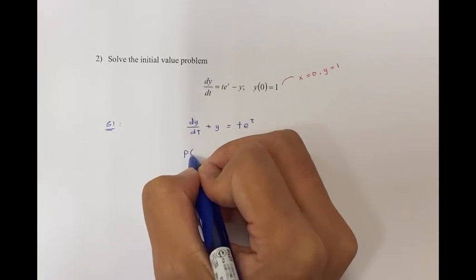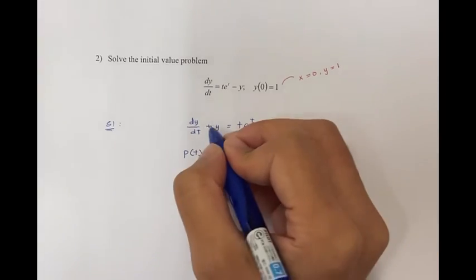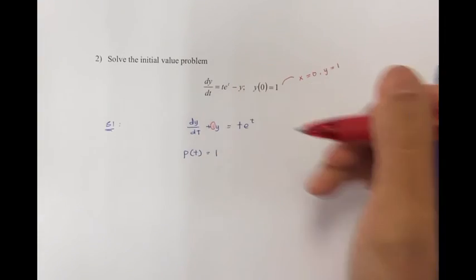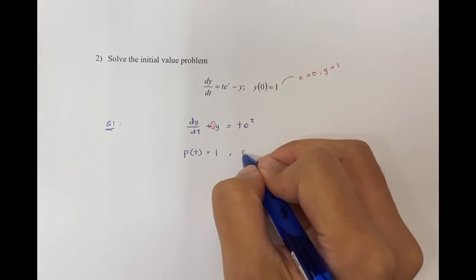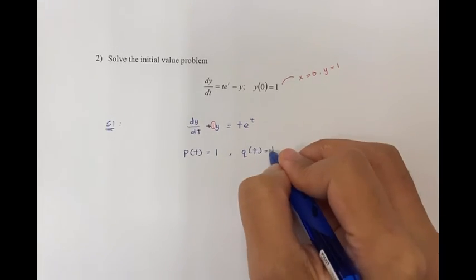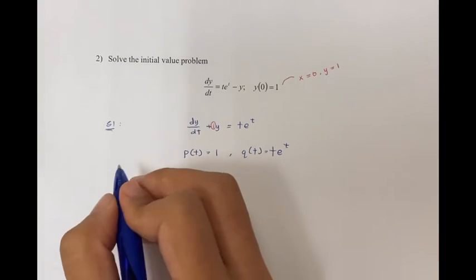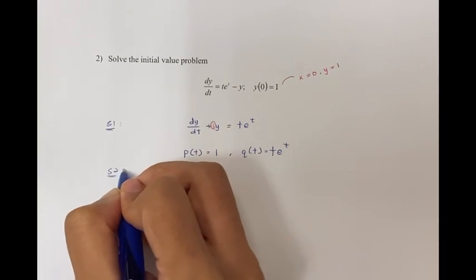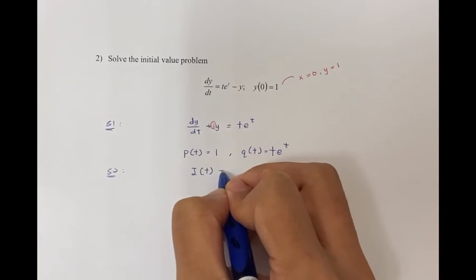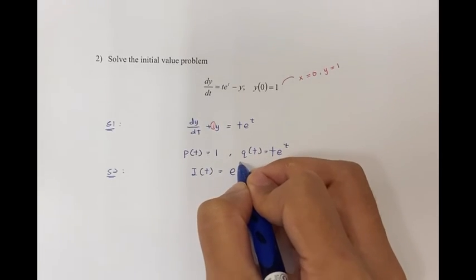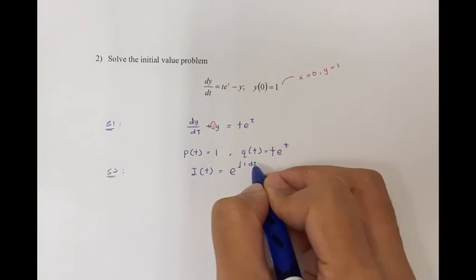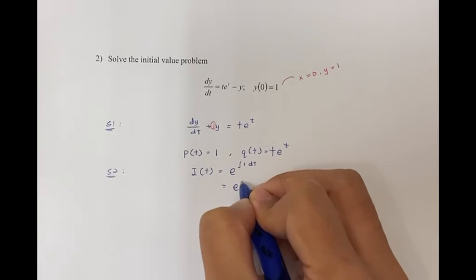So automatically you know your P(t) is equal to 1, since here you have 1 multiplied by y, and your Q(t) is equal to this term, t e^t. Second step, integrating factor is equal to e to the integral of 1 dt, your P(t). So you have e^t.